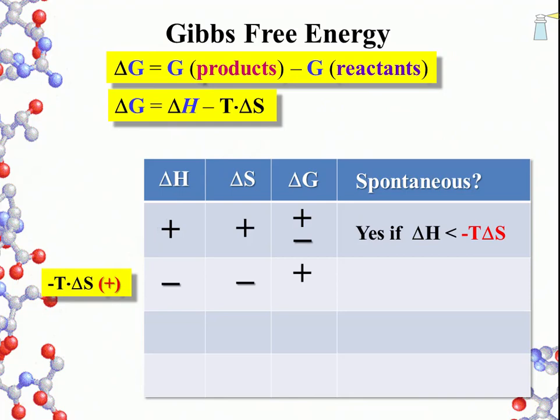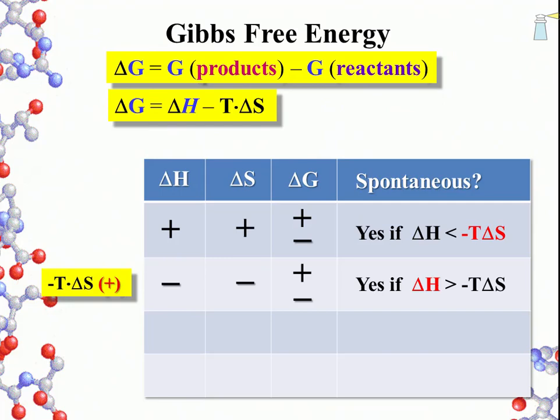The larger term wins out. On the other hand, if the negative delta H term is larger than the positive value minus T delta S term, then delta G will be negative, and the reaction is spontaneous. Under this limitation, the reaction is spontaneous if the change in enthalpy is larger than the minus T delta S term.